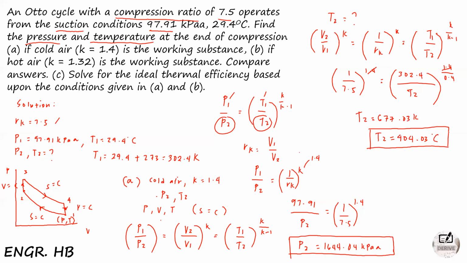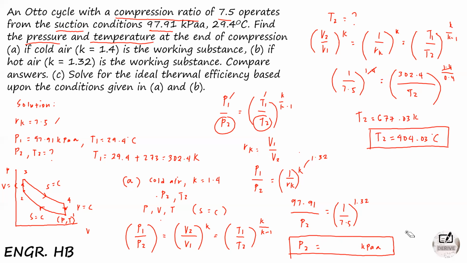So letter B, sabi daw if hot air K is equal to 1.32. So we're not going to erase this full scenario, just repeat it with 1.32. So let us just replace this as 1.32, kasi yun lang naman ang nagbago. So syempre magbabago rin ang value nito, pero yung unit hindi.